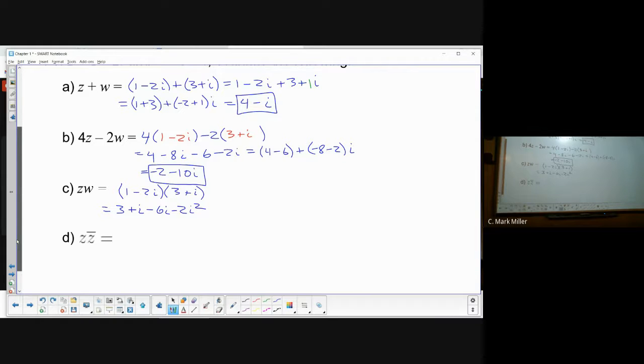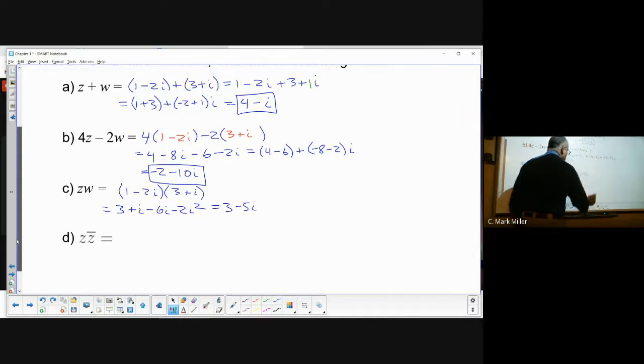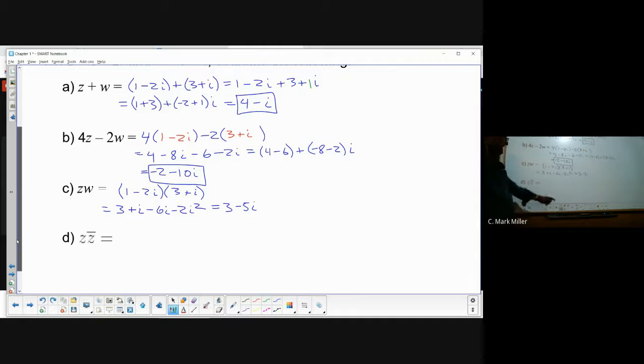So, 3 doesn't have anything to pair with yet. Plus i minus 6i is minus 5i. And then I have minus 2i squared. Notice the L term in FOIL gets the i squared, and that becomes a minus 1 every time.